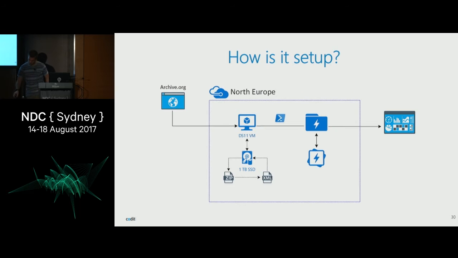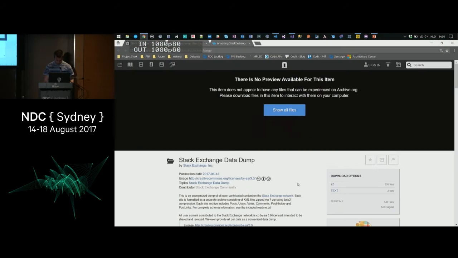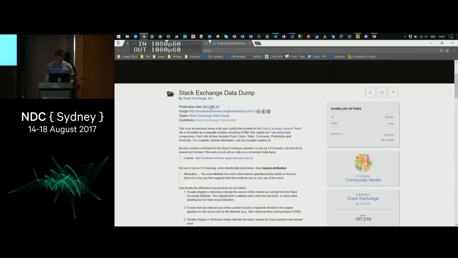Okay, so let's dive into it. First, this is the website for those that are interested. It's archive.org, but somehow this thing is in front of it, where you basically have, I think every 6 months, a new data set of all the data.